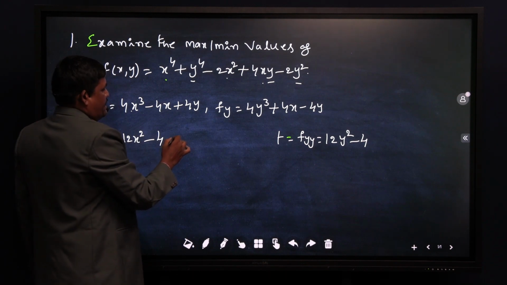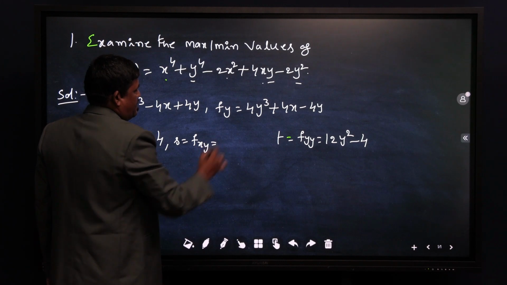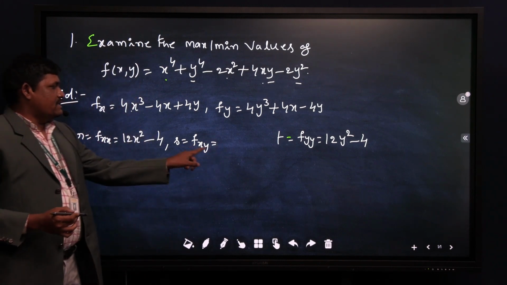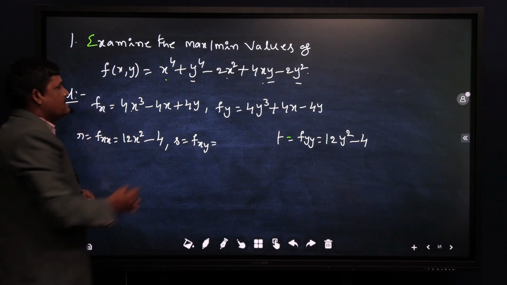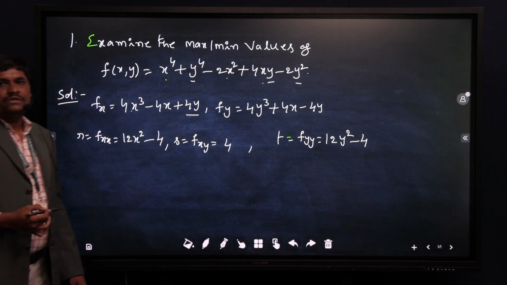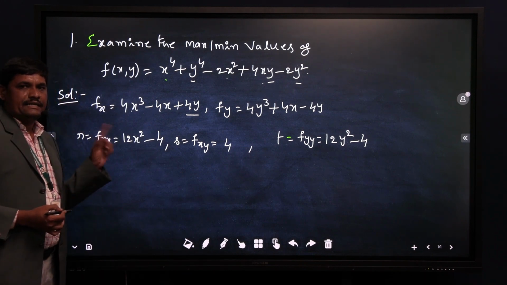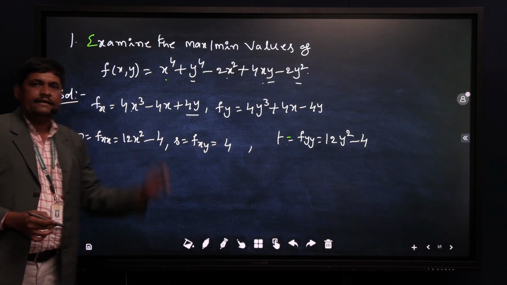In between I need the s value, which is fxy. It gives fx with respect to y. Where is the y available? Here, so it is 4. I found first partial derivatives fx and fy, and second partial derivatives r, s and t.